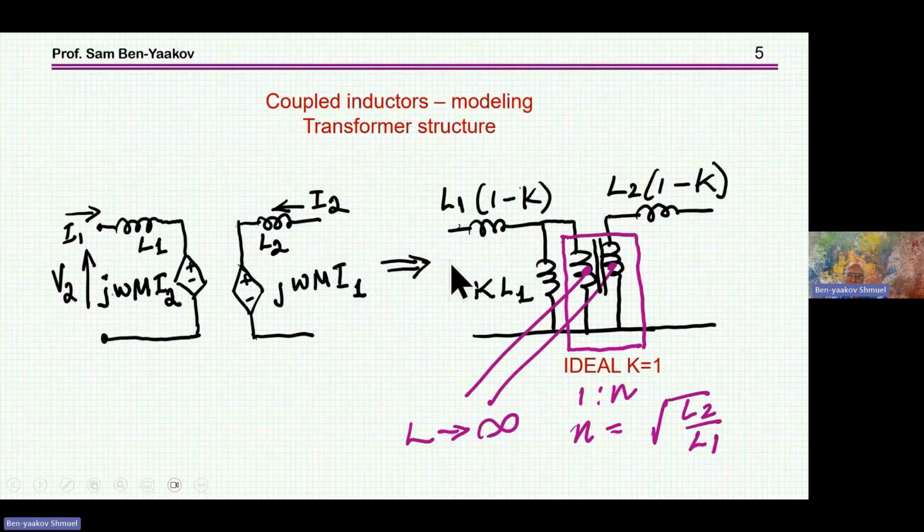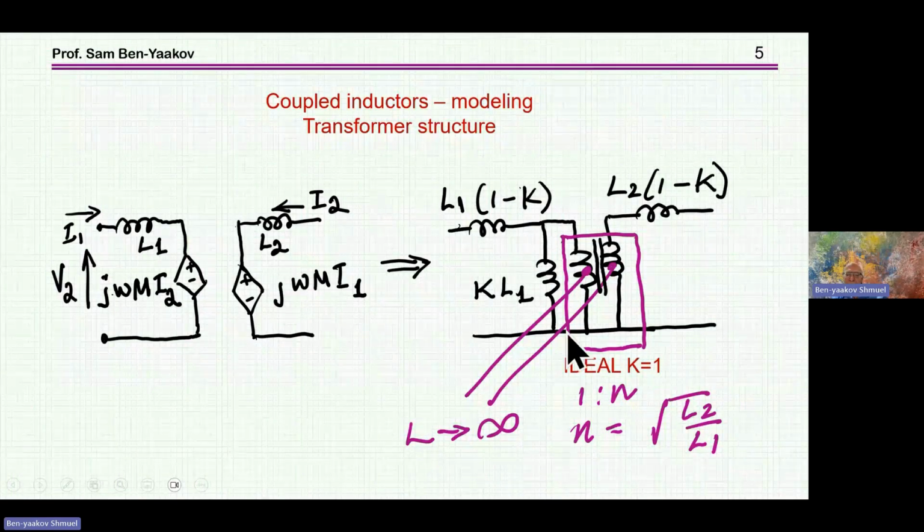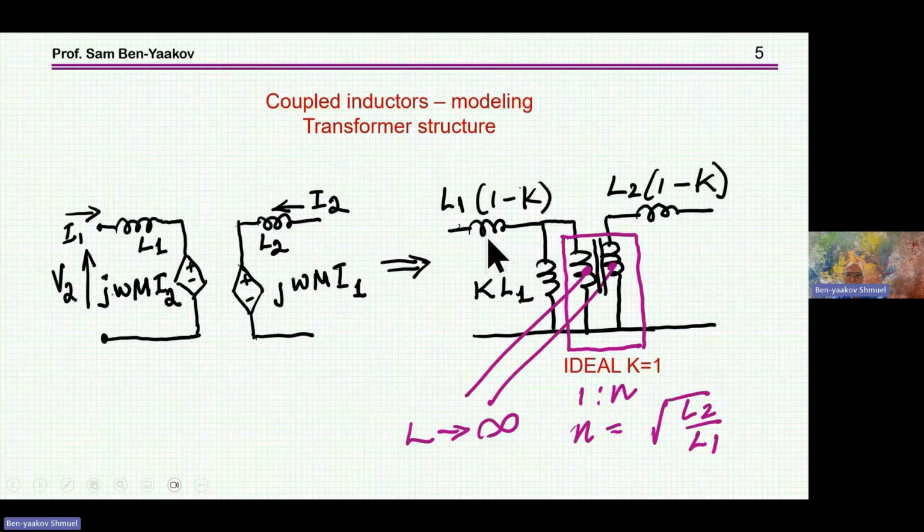Another way to represent transformers and coupled inductors, in the engineering domain I would say, is this equivalent circuit for a transformer with leakage. So this could be either a coupled inductor or a transformer. In the coupled inductor, you may have different leakages, but this is an electrical representation. It's not a magnetic representation. I'm going to talk about it a little bit later.